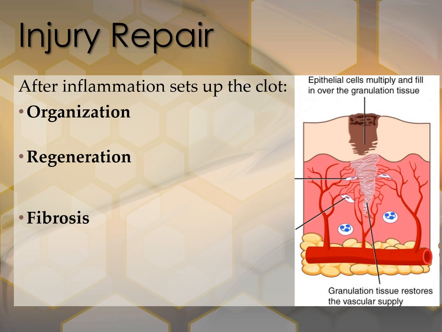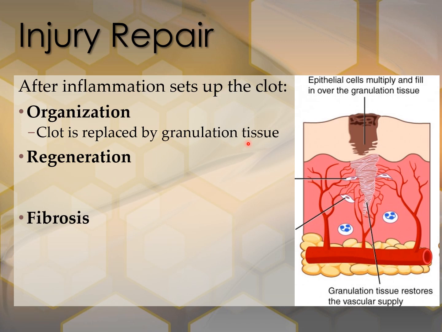So now how do we repair that injury? After inflammation does its damage control and sets up a clot, those clotting factors come in and make a clot. What happens next? Well, we have some organization. The clot is replaced by granulation tissue. Granulation tissue is kind of like a Band-Aid. It's the first tissue type.